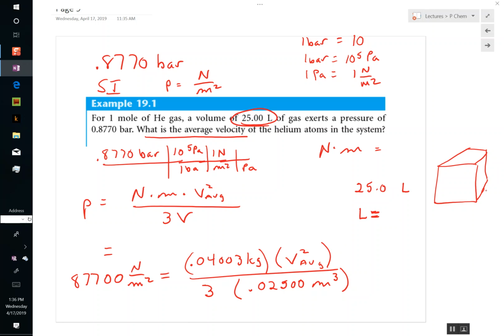That should be 0.00, right? Yeah, 0.00. So you don't need the per mole in there. Why don't you need the per mole in there? We just got Avogadro's number, that's the number of particles. You're saying we've got 1 mole of helium.